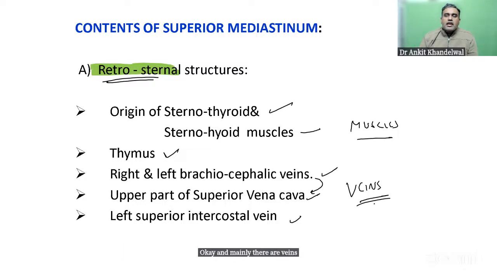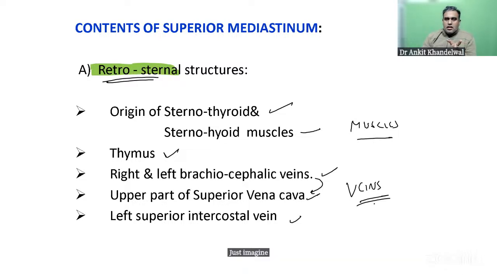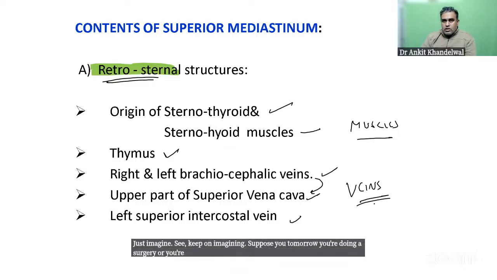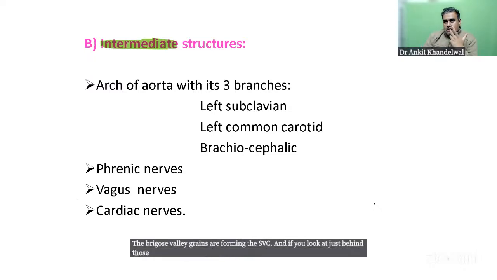So just behind, if you open up the manubrium sterni, just imagine. Keep on imagining. Suppose tomorrow you are doing a surgery or you're standing in an OT. What lies just behind the sternum are basically the major veins. The brachiocephalic veins are forming the SVC. Then just behind those major veins, you basically have the arch of aorta with its thick branches over there.